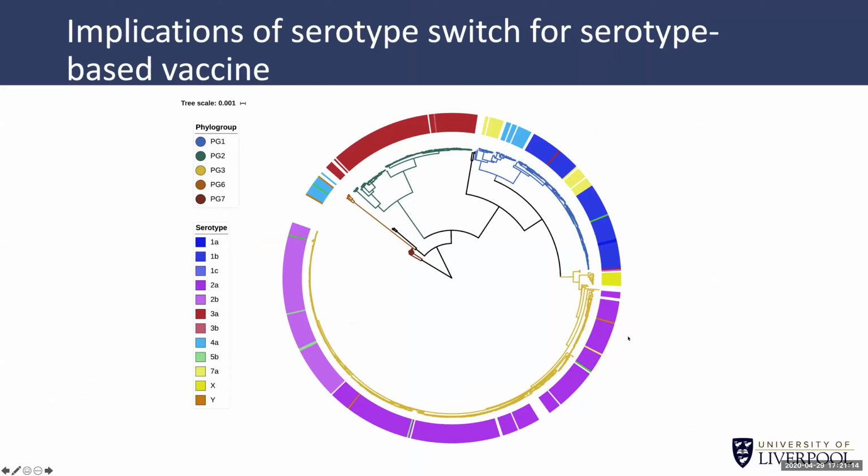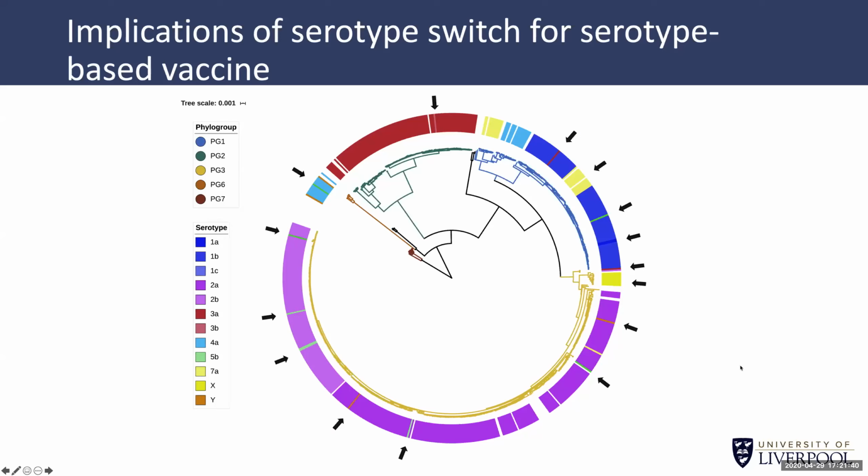We see a pretty good correlation of the phylogenetic groups with serotypes, but we can also see that where the colors change, they represent a serotype switch. It doesn't appear to be very prevalent, and we didn't see any association of serotype switching with a particular phylogroup.